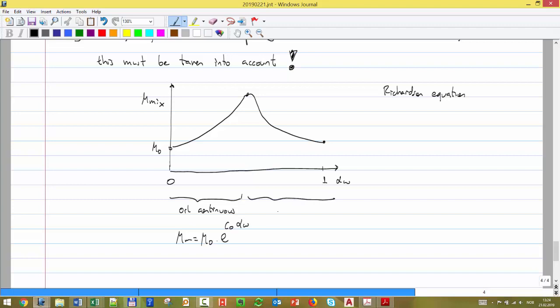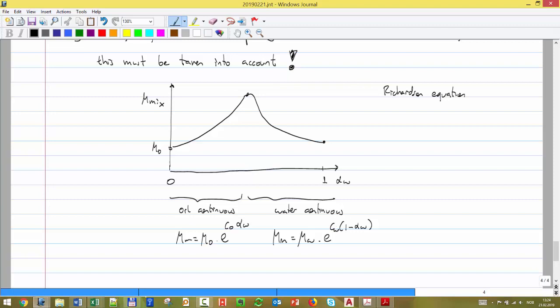And for water continuous, the viscosity of the mixture is the viscosity of water times e to the C water times 1 minus alpha water.